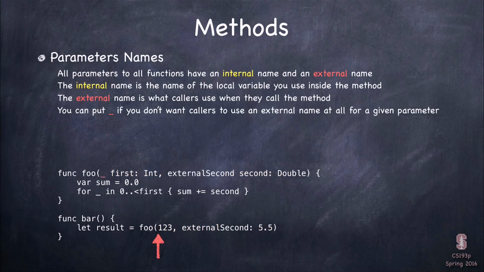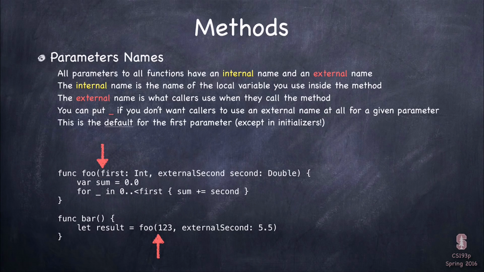You can put an underbar if you don't want callers to use an external name at all for a given parameter. If you put underbar as the external name, then there will be no external parameter. So you see it says foo parentheses 1, 2, 3, not foo parentheses external first or anything. It's just 1, 2, 3. And in fact, this is the default for the first parameter. The first parameter defaults to underbar. You don't need to put an underbar there when you're creating a function.